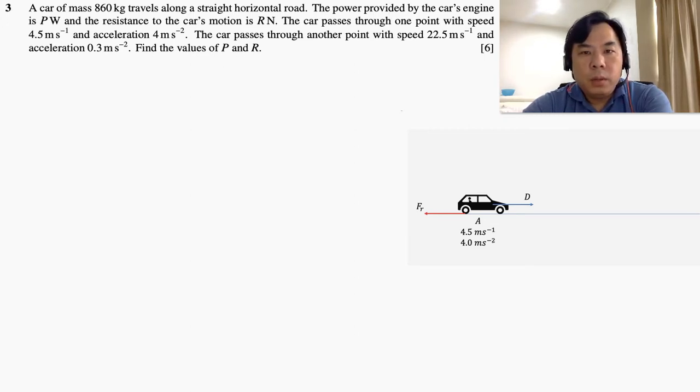The car passes through one point with a speed of 4.5 meters per second and an acceleration of 4 meters per second squared, as shown in the diagram. It passes through another point at another time with a speed of 22.5 meters per second and an acceleration of 0.3 meters per second squared. It is picking up speed but not accelerating as fast as before.